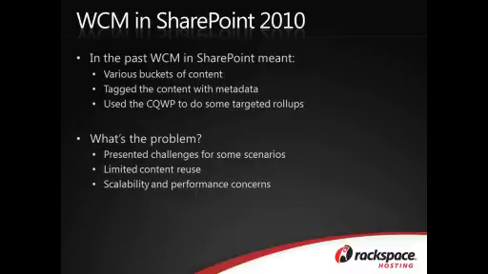You're talking about a really broad query, and there's plenty of stories where that causes real big problems. So that limited content reuse, because you ended up having to do really hyper-specific queries, and you had scalability and performance issues on large sites. And yes, some of you are probably saying, can't you get some benefits from caching? Yes, you can, but still, it's a very real issue.